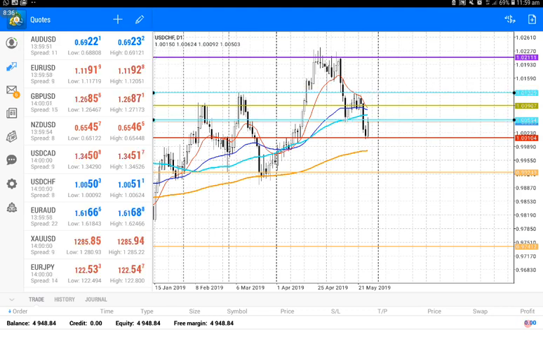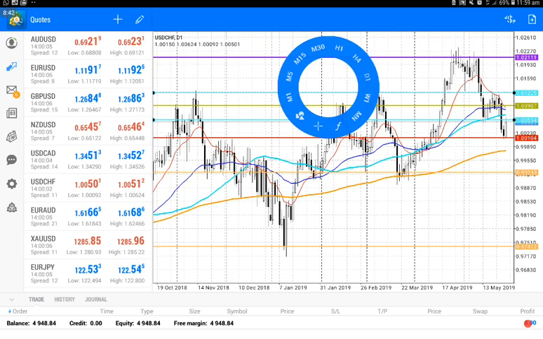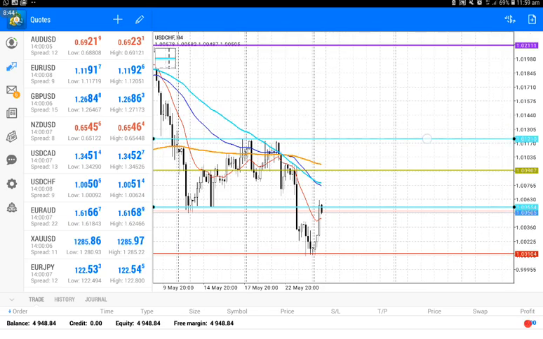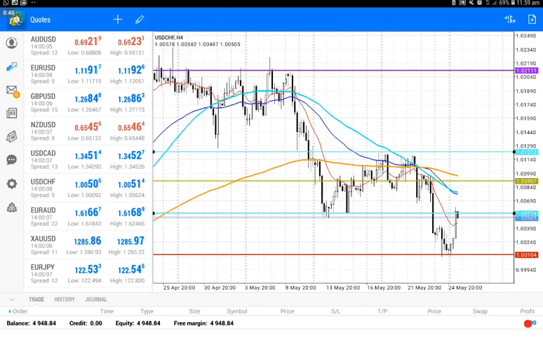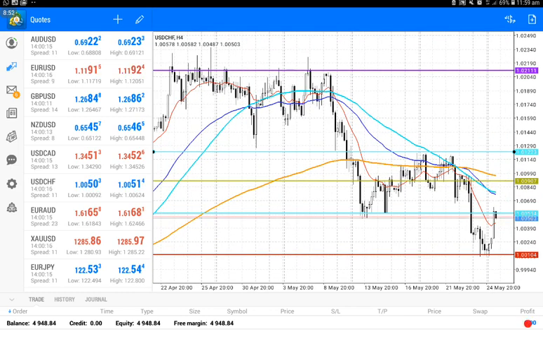And then we drew this one as a support. But if you go back in time to a smaller time frame, let me go to 4 hours now, you find that the same line that represents a resistance can also represent a support. What do I mean by that? Look at this line, this blue line here.